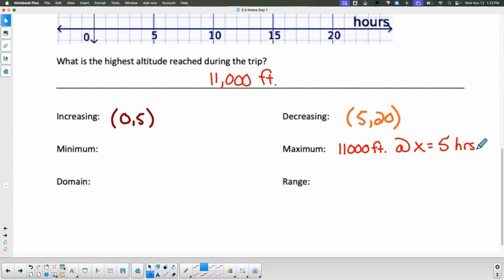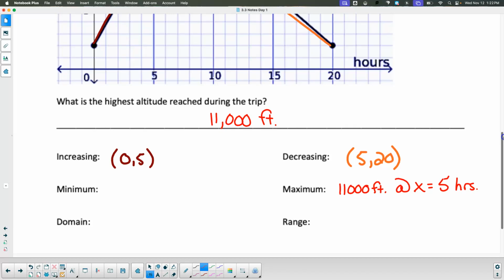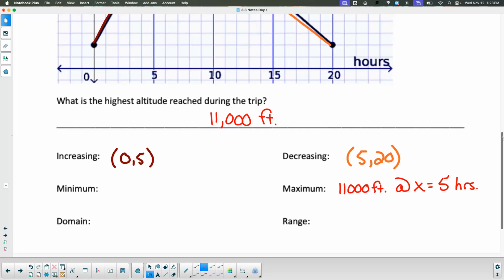Because there's labels in the problem, we should put labels in our answer. Okay. So that would be our maximum.